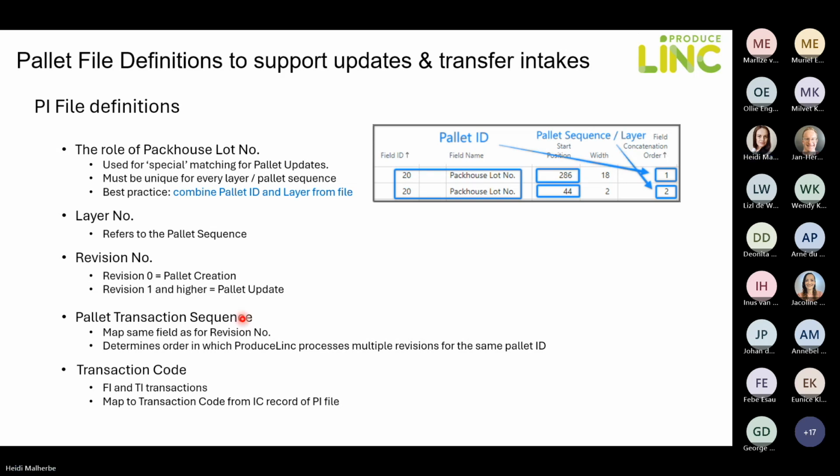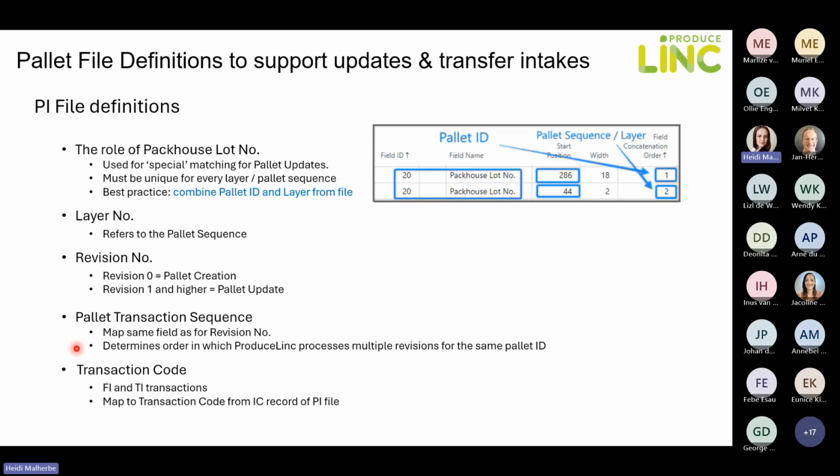Okay. Pallet transaction sequence, as we said, we suggest you map this to the same value that you mapped for revision to transaction sequence, because that tells the system the order in which these update transactions must happen.